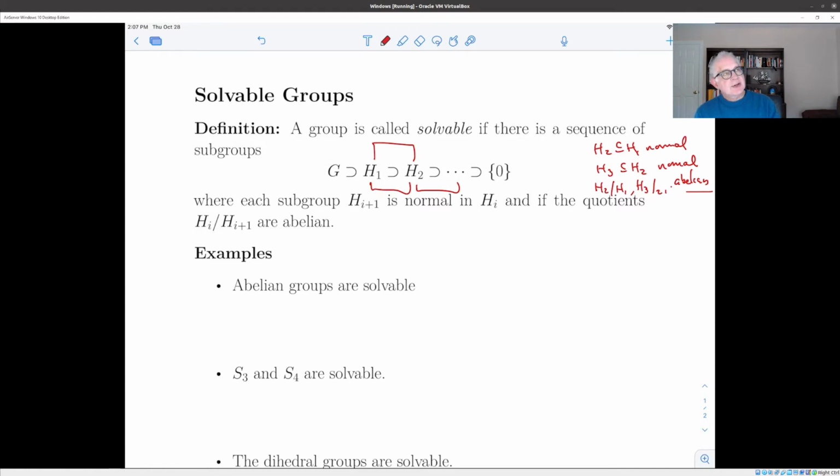The reason the term solvable comes up is because this is closely connected to a very famous problem of classical mathematics, which is, can you generalize the quadratic formula to higher degree polynomials? In other words, can you write a formula for the roots of a cubic or a quartic or a quintic polynomial? And it turns out that you can for the cubic and quartic polynomials, but there isn't a version of the quadratic formula that just allows you to write down the roots of quintic and higher polynomials.